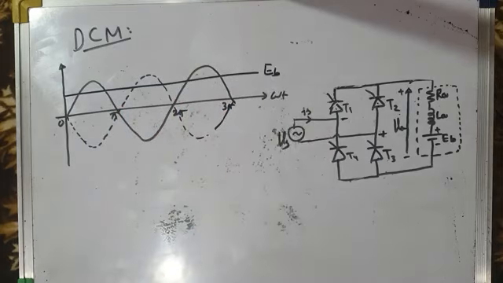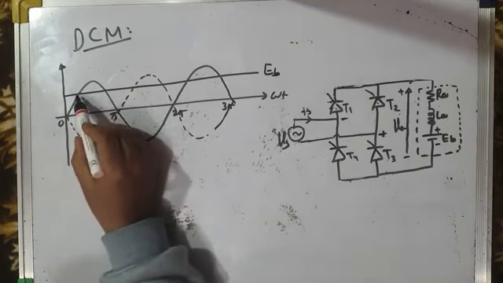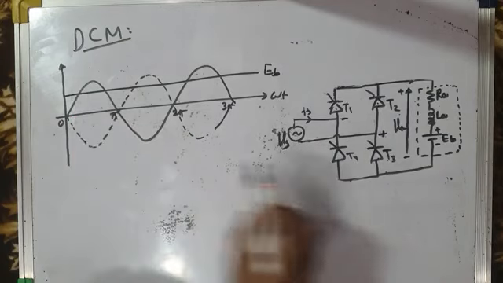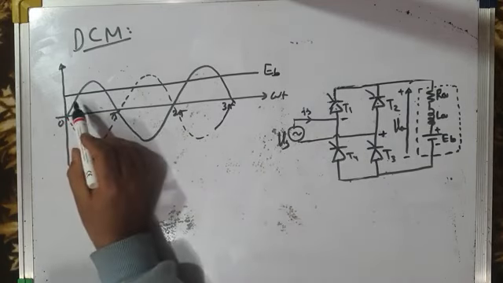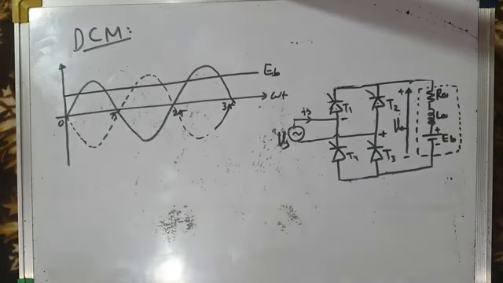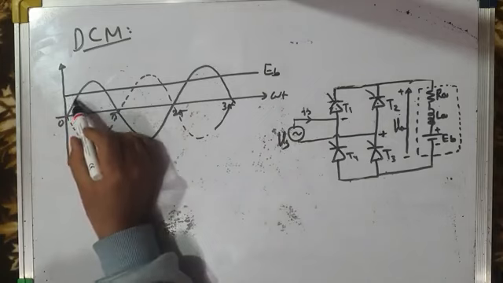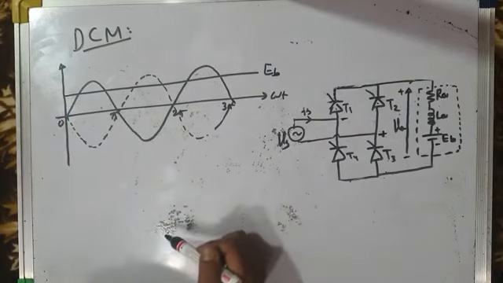In the discontinuous conduction mode of operation, as I've already told you, you cannot fire the converter at those instants when source voltage is less than back EMF, because back EMF is a part of the load voltage, and whenever back EMF is greater than instantaneous source voltage, you cannot fire the converter.